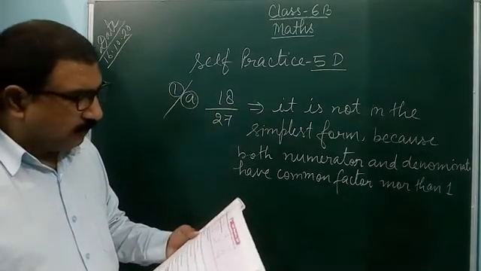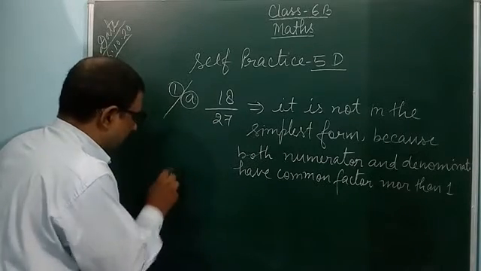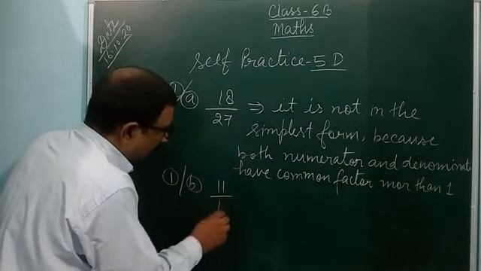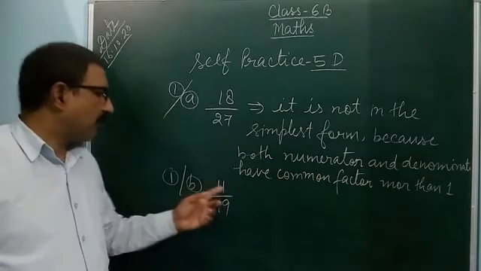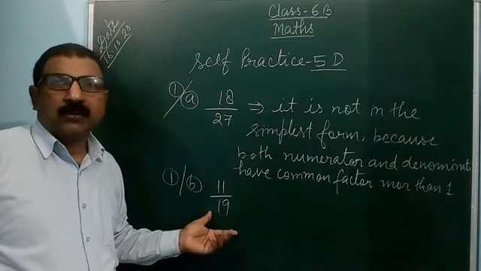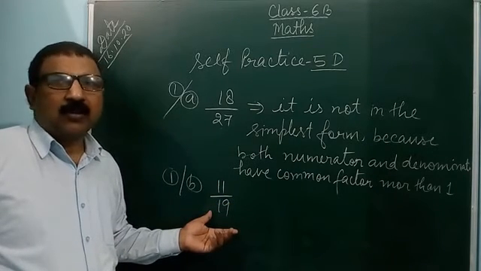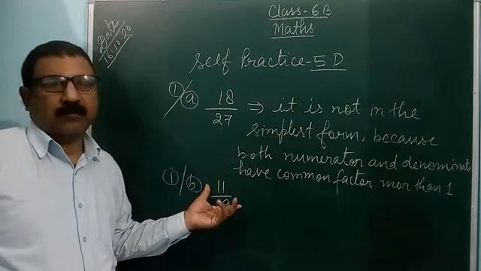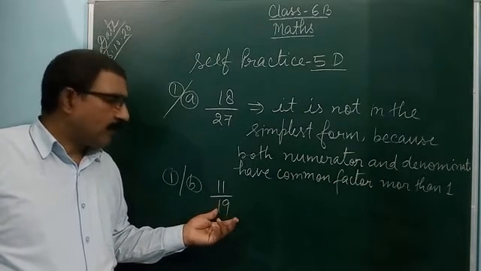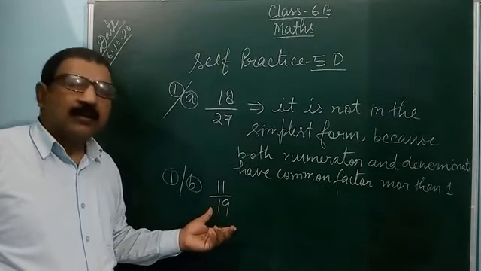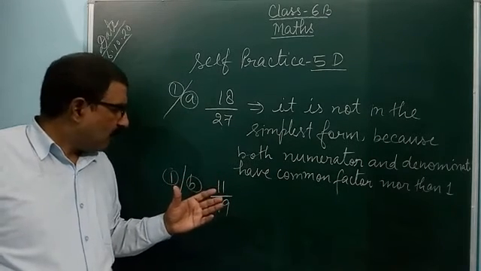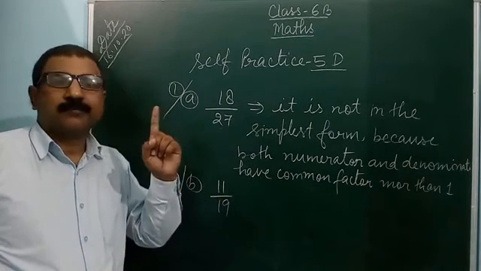Like that you can do B. First B, 11 by 19. You can see 11 is a prime number, 19 is also a prime number. If both numerator and denominator are prime numbers, it is called the lowest form, because the common factor of 11 and 19 is only 1.